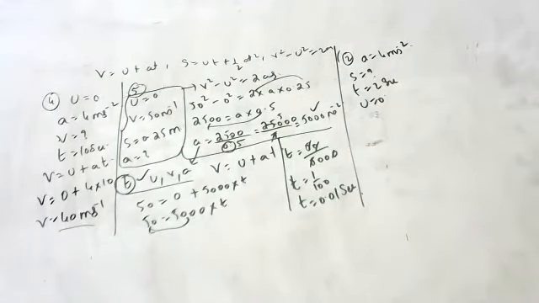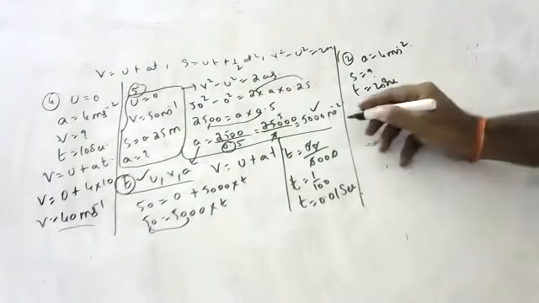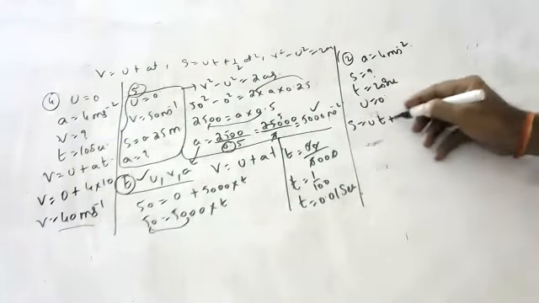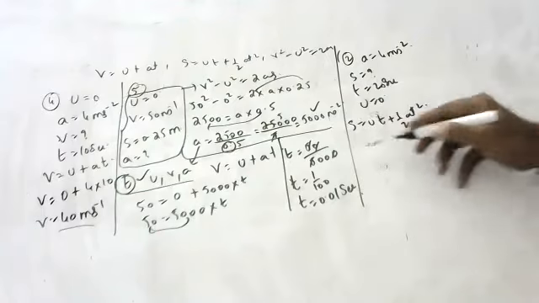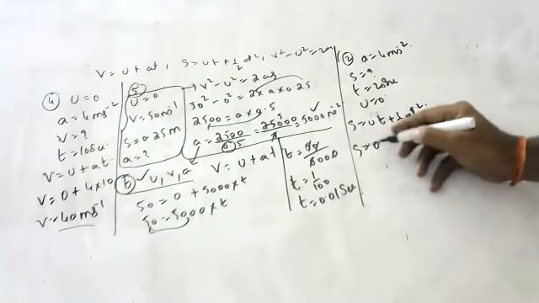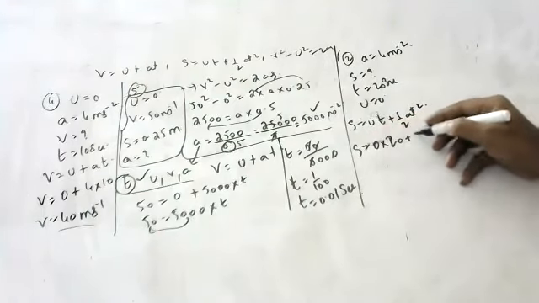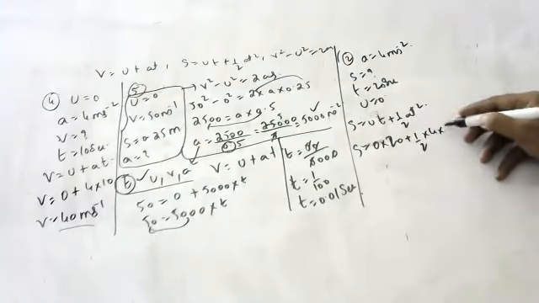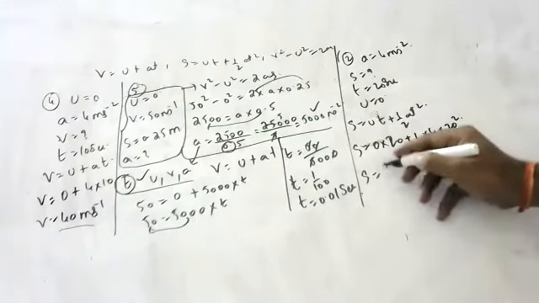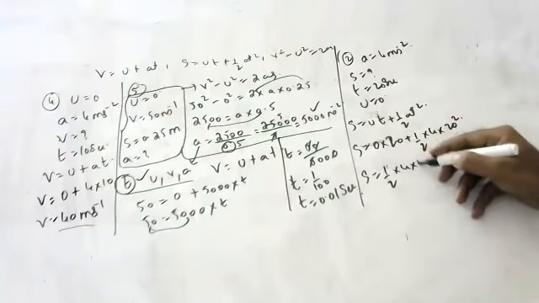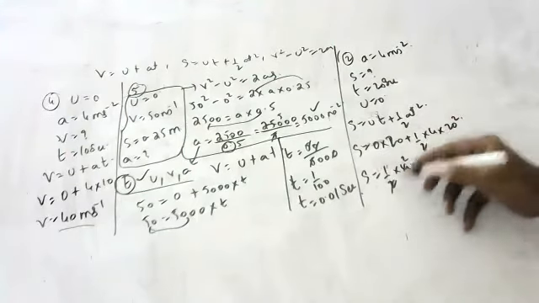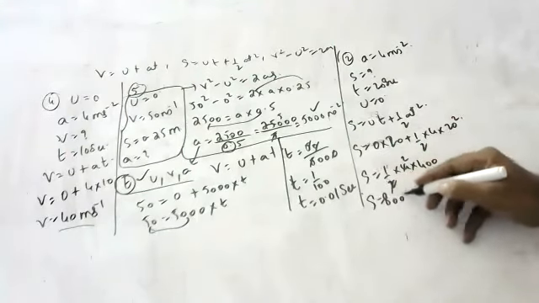S is equal to ut plus half at square. S is equal to half into 4 into 20 square, which is half into 4 into 400. S is equal to 800 meters.